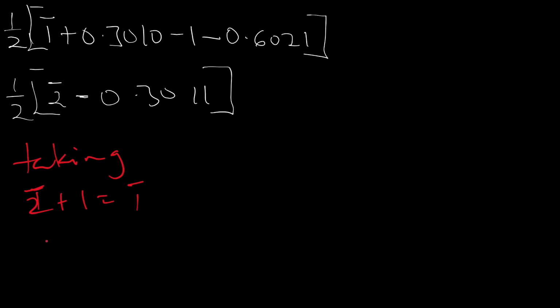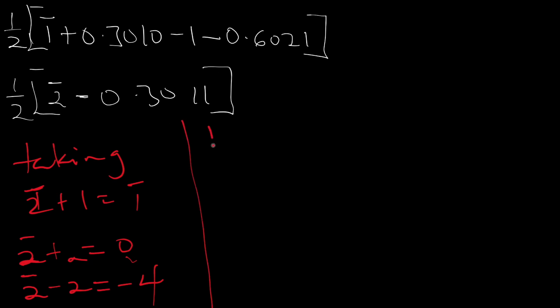If we take 2, negative 2 plus 2 gives 0, and we can't divide 0 by 2, so obviously we can't add 2. But if we take minus 2, negative 2 minus 2 is negative 4, and when we divide negative 4 by 2, we have 2. And when we add 2 to the mantissa, we get a positive number.